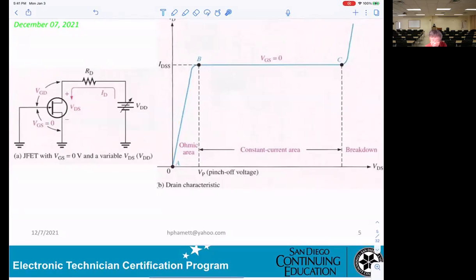From B to C here, ID equals IDSS, that's the constant current. They call it the constant current area or saturation area. If you increase VDS more, what you get after point C will be a breakdown. Okay, we don't care about that part here. We never read that.